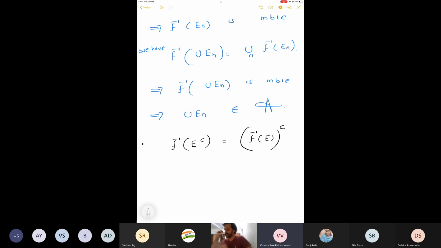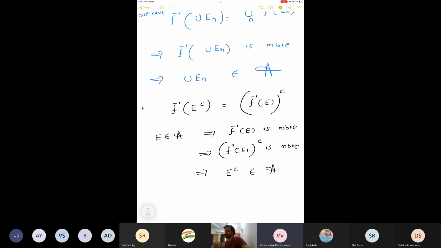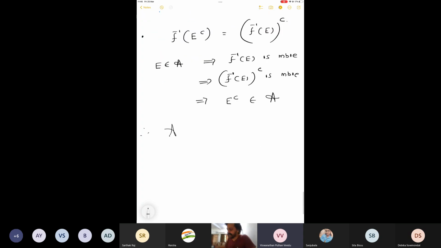So now use this fact. If E is in A, then f inverse E is measurable, which implies the complement of f inverse E is measurable, and using the previous identity, E complement is in A. So A is closed under complement, and thus A is a sigma algebra.